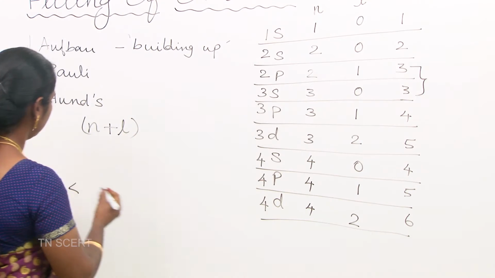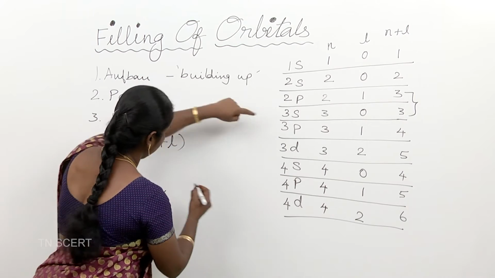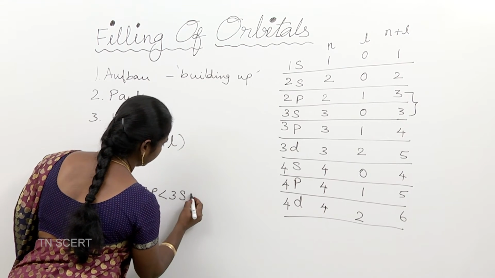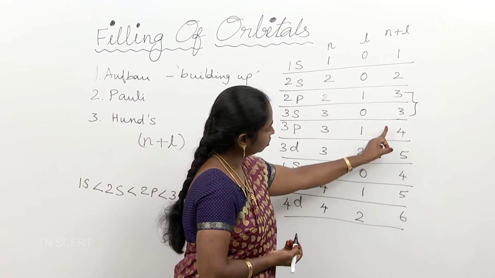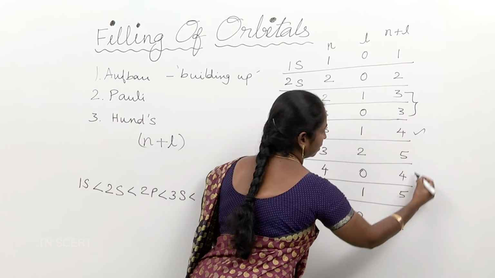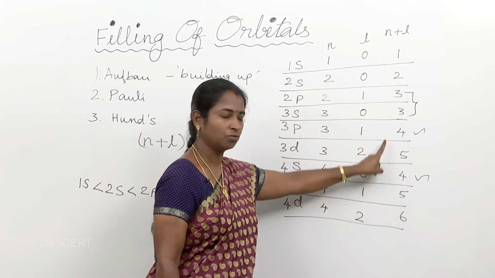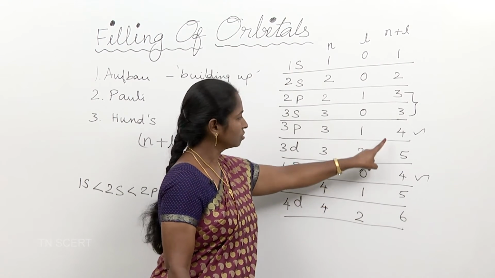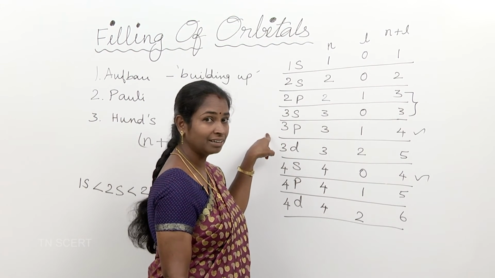So, the next orbital is 2p, next one is 3s, then the next higher energy orbital. Here you can find 2 values of n plus l of the same value, 4 and 4, is it not? So, now you can tell me which is the lower energy orbital?